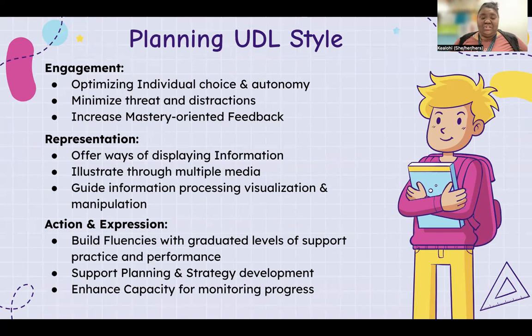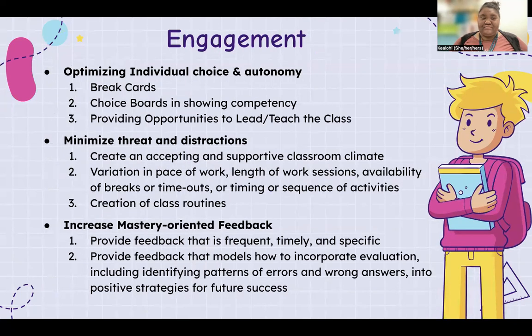For representation: offer ways of displaying information, illustrate through multiple media, guide information processing, visualization, and manipulation. Action and expression, what I see was missing was: build fluencies with graduated levels of support, practice, and performance. Support planning and strategy development, and enhance capacity for monitoring progress.